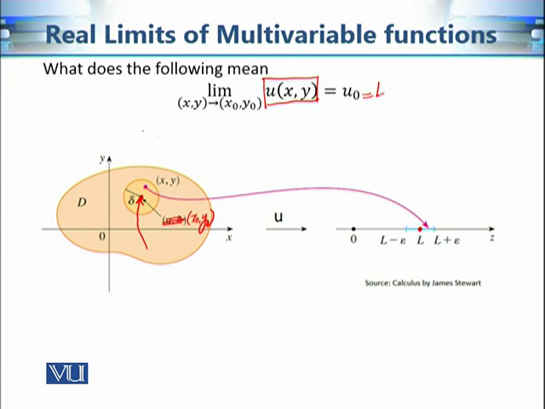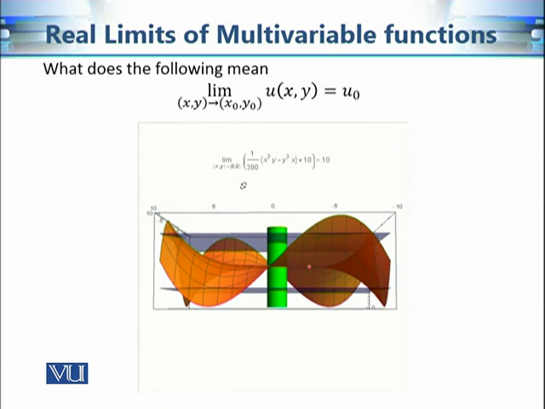So the limit is L, which is in fact u0. And when we say that the points are getting closer and closer to x0, y0, since these are points in the two-dimensional space, we mean that the distance between x0, y0 and any other point xy is getting smaller and smaller.